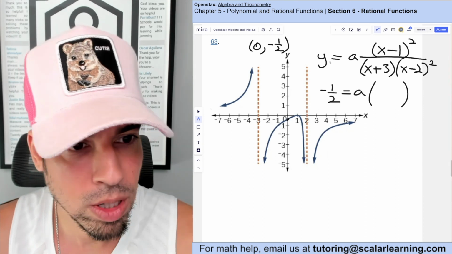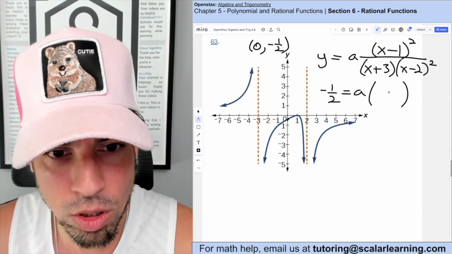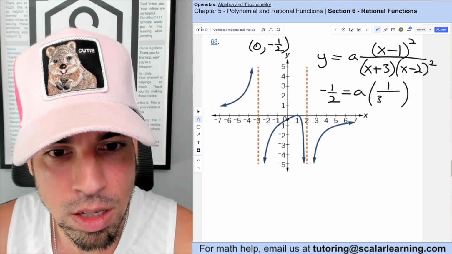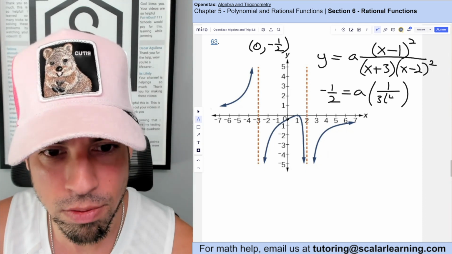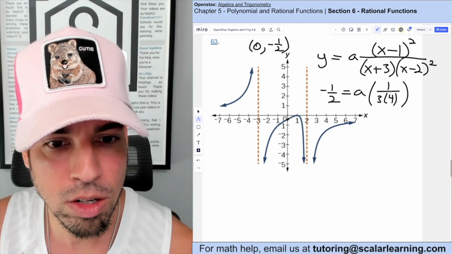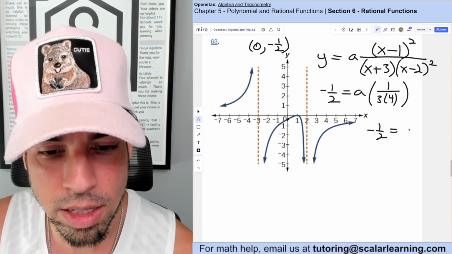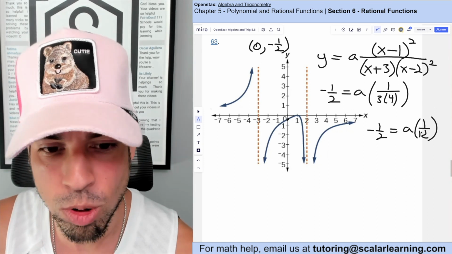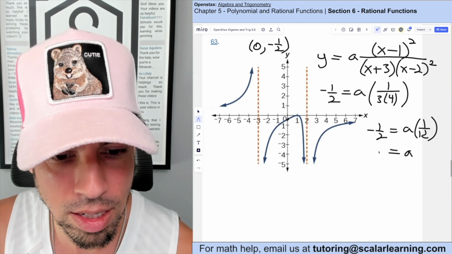I got negative 1/2 for y equals a times, and then we plug in 0. 0 minus 1 is negative 1 squared, which is just 1, over 0 plus 3, which is 3, times 0 minus 2, which is negative 2 squared, which is positive 4. So we get negative 1/2 equals a times 1/12. To solve for a, we multiply both sides by the reciprocal of 1/12, which is 12. 12 times negative 1/2 is negative 6.